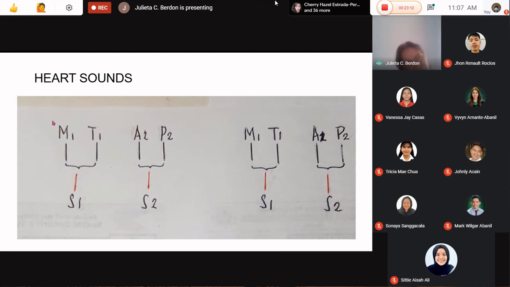Okay. So splitting of the first heart sound is usually abnormal and occurs in right bundle branch block, RBBB.